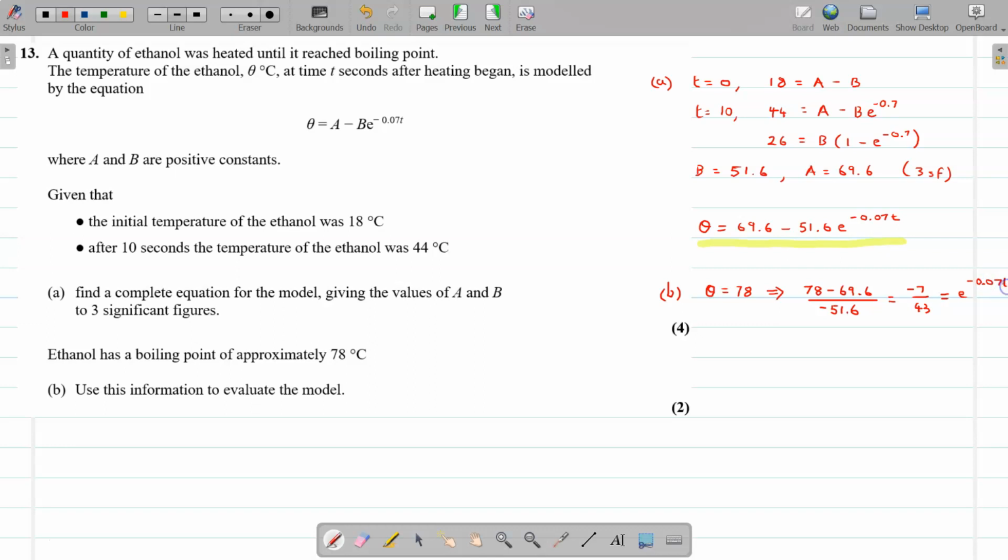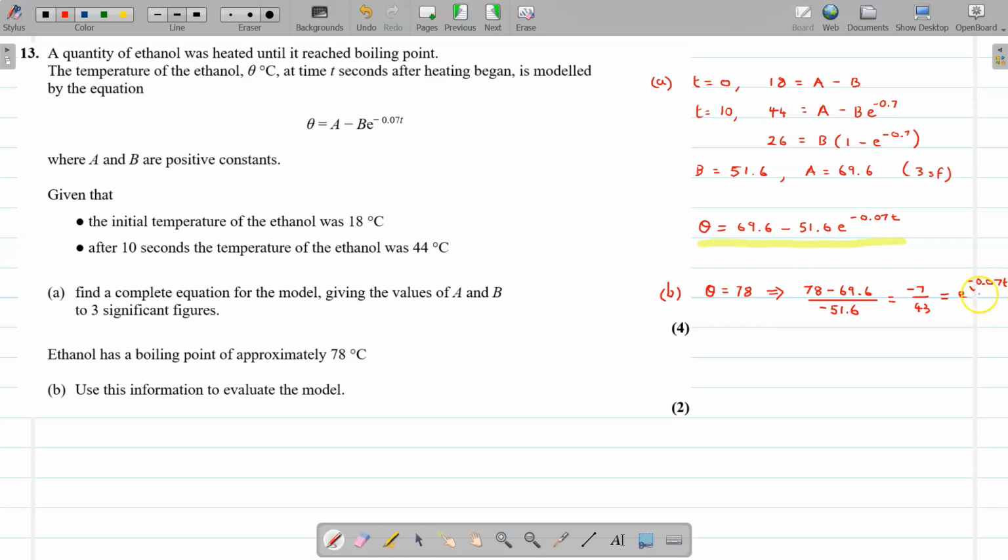Now, when I come to solve that, it's not possible, because if you think of the graph of e to the x or e to the minus x, neither of those will ever come below the x-axis.